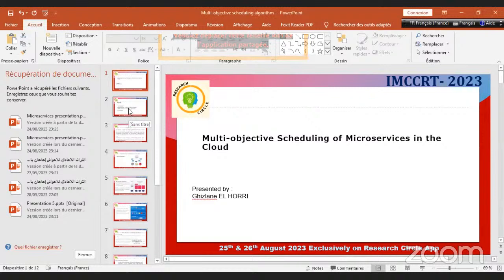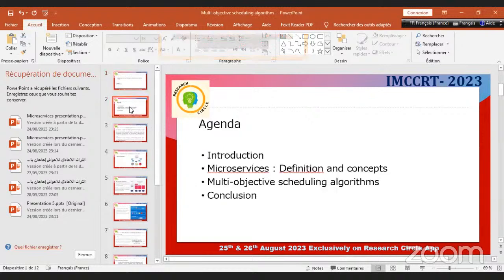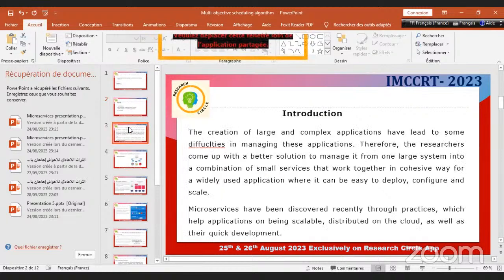We will move on to the agenda. First, an introduction, then microservices definition and concepts, multi-objective scheduling algorithms, and finally a conclusion. The creation of large and complex applications has led to some difficulties in managing these applications.